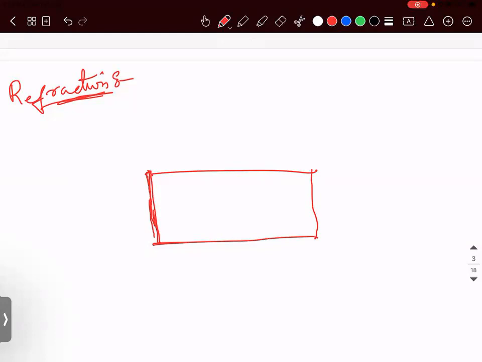So let's take that here the medium is air, here it is glass, and again it is coming to air. So this is the air-glass medium interface, and here the glass-to-air medium interface.